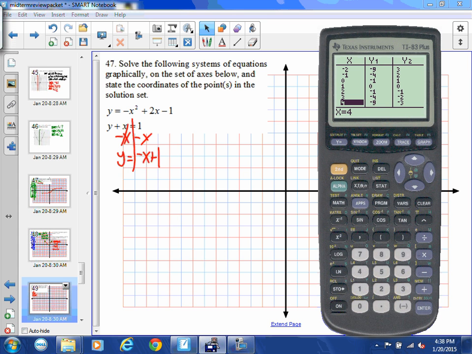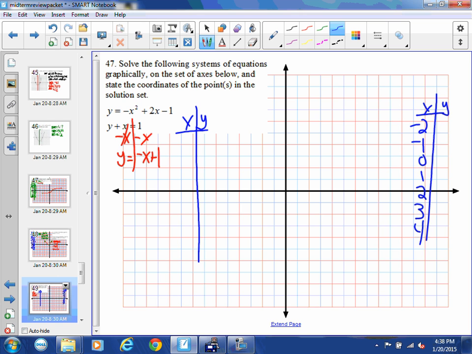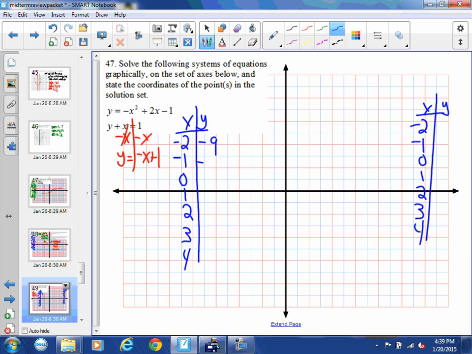So I'm going to copy down this table into two separate tables. They both go from negative 2 to 4. And the first one, I had negative 9, negative 4, negative 1, 0, negative 1, negative 4, negative 9.